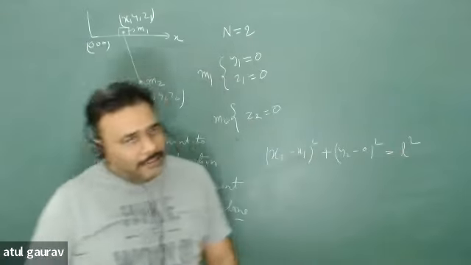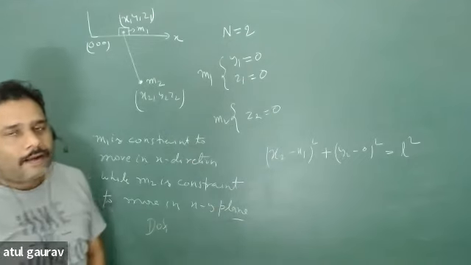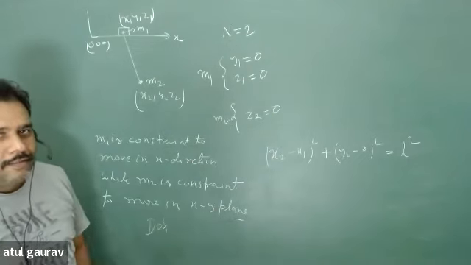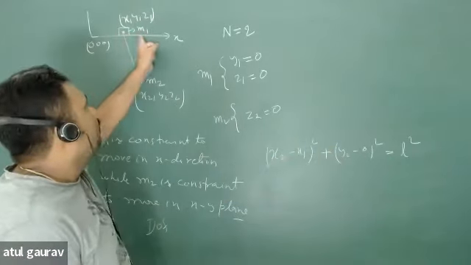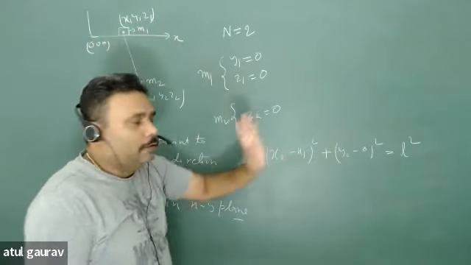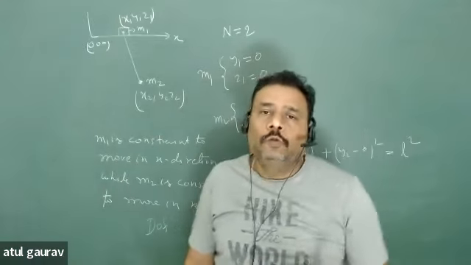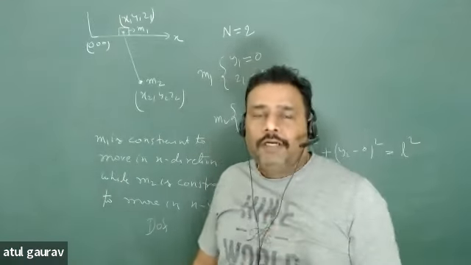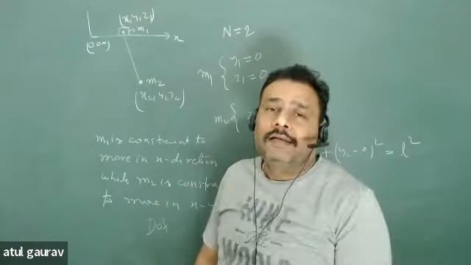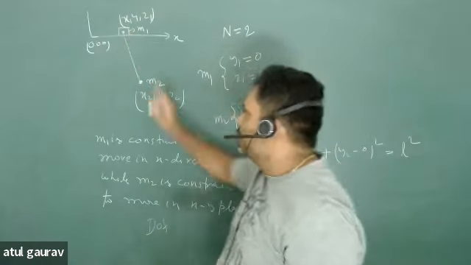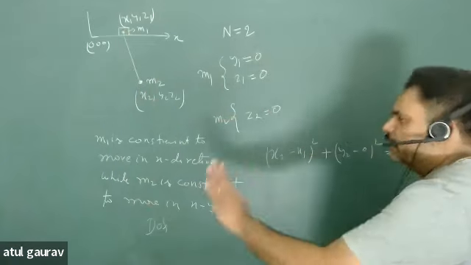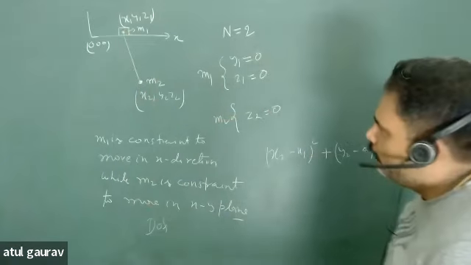Is the center fixed or variable? Variable, (x1, 0). X1 itself is changing with time, so the center is going to vary. So you have to figure out that circle whose center is at (x1, 0) and radius is L. But we will discuss all this when we solve the problem.